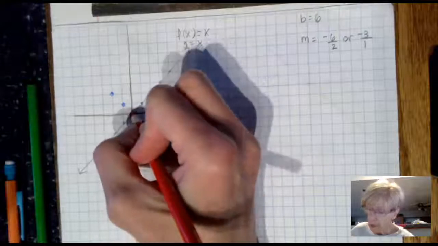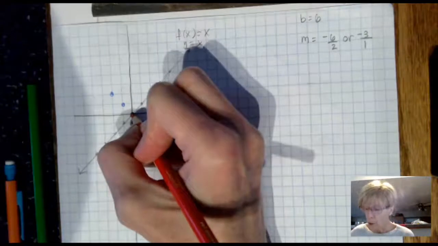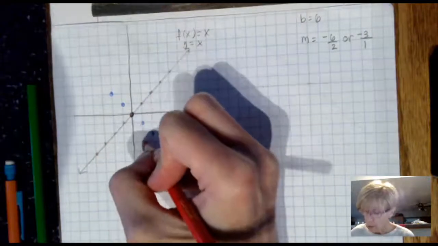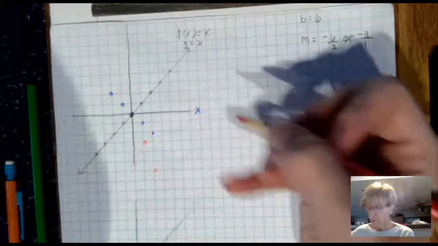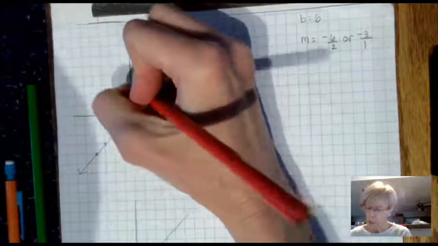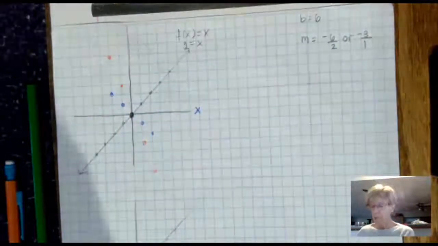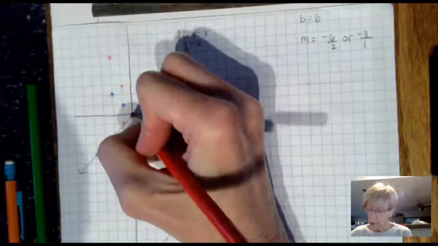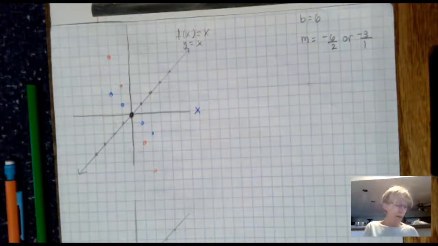But instead of going down 1 to the right 1, down 1 to the right 1, we're going to go down 3 to the right 1, down 3 to the right 1. The 0, 0 stays the same, or we can go up 3 to the left 1, up 3 to the left 1. So there is the vertical stretch by a factor of 3.